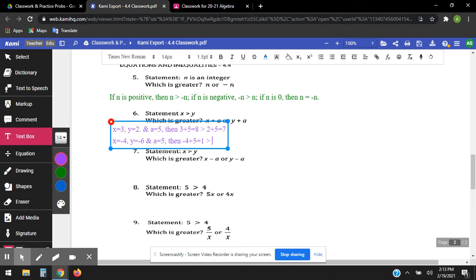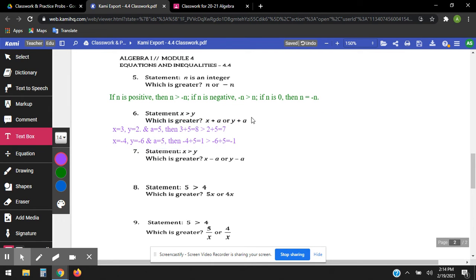Is that still greater than what we have here, -6 plus 5? Yeah, that's -1. So it looks like even if we have positives or negatives, x will still stay bigger than y, which makes sense. If you're adding the same thing to both sides, you haven't really changed what's going on there.